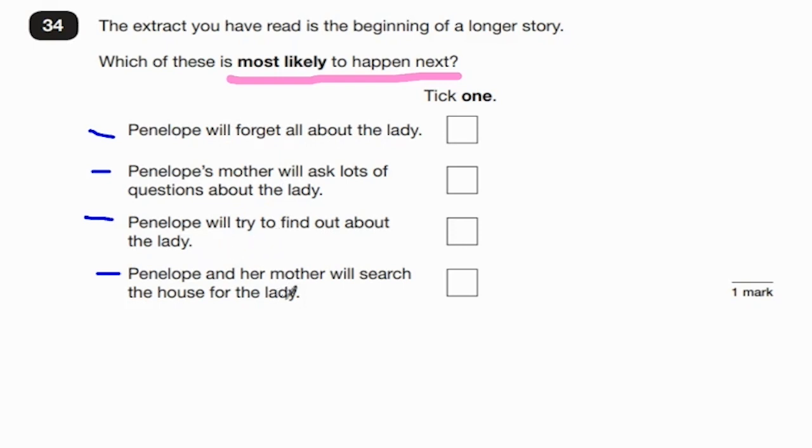Penelope and her mother will search the house of the lady. This is not likely to happen either because her mother just wasn't interested. But Penelope trying to find out more about the lady is probably the most likely prediction based on what we know about Penelope and based on the fact that she doesn't want to just accept her mother's explanation. So I think this would be the most likely prediction.